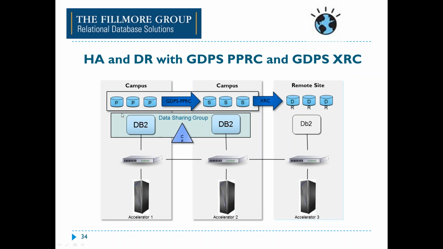Within the same data center or campus, I would use GDPS, the Geographically Dispersed Parallel Sysplex, with PPRC, peer-to-peer remote copy, to replicate data at block level on disk from one campus to the other, and then XRC to a remote site. Say you had a tertiary data center 500 miles away, a different grid and time zone. You can keep all those current. You would just need to have an accelerator in all three, whichever form factor you use.